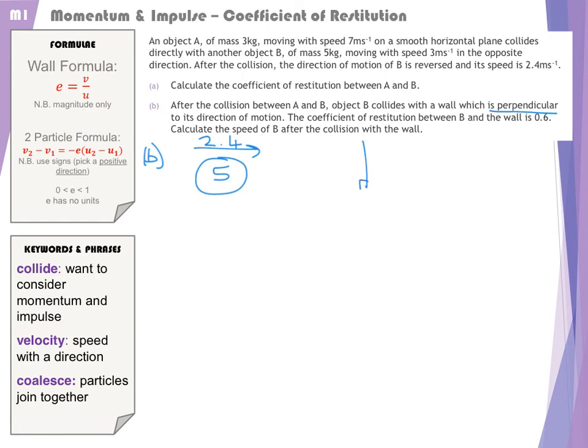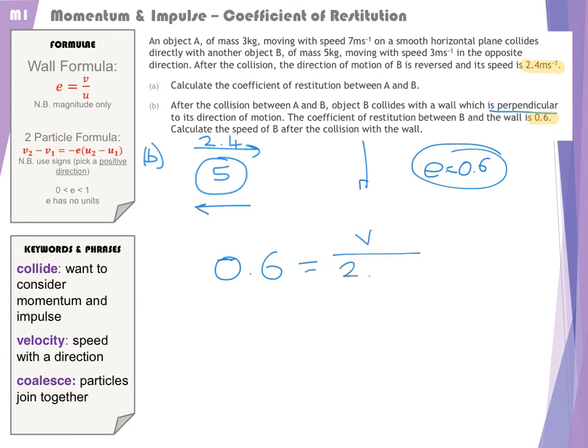So there we go. We're going to have an inbound speed and then we're going to have an outbound speed. We're also told that the coefficient is 0.6. Okay, that's given to us in the question as well, and we're using that 2.4 from before. Right, ready to calculate then. So E, 0.6, equals the final velocity, which we don't know, over the initial velocity.